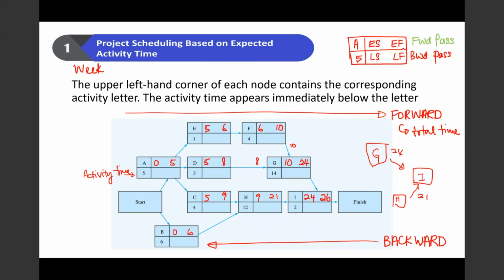In order to find that, we need to conduct our backward pass. We know from the forward pass that this project requires 26 weeks to complete, so our latest finish starts with 26 weeks.